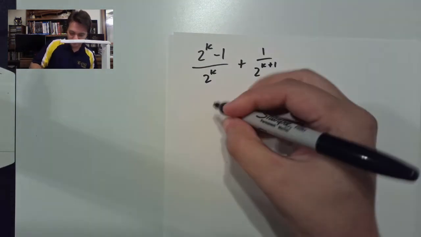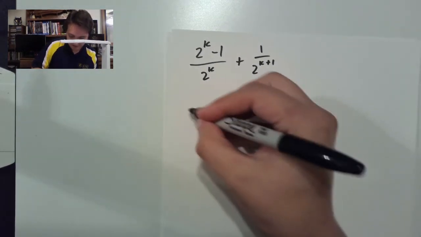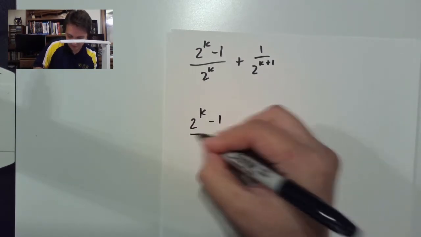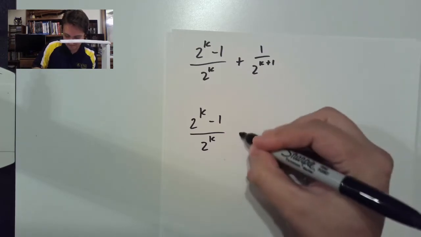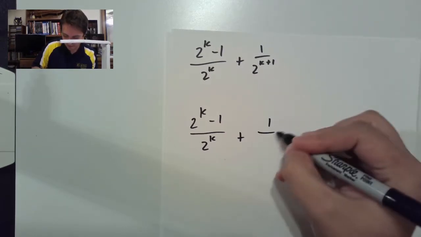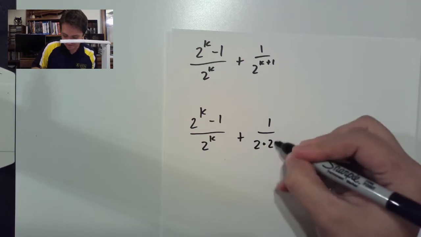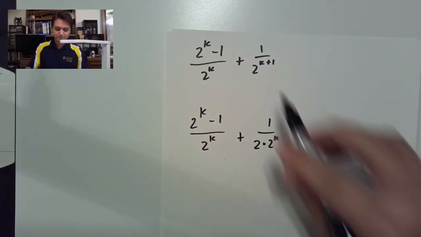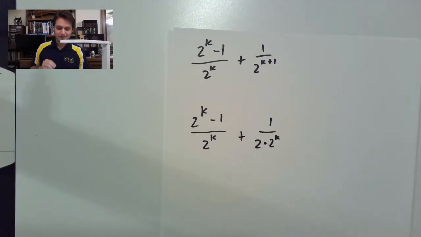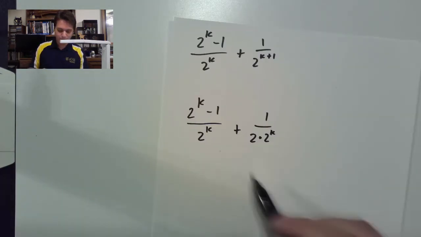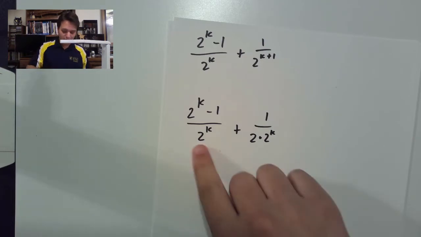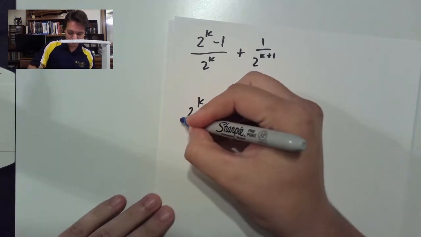We got (2^k - 1)/2^k + 1/(2 times 2^k). See what we did there? I just pulled out that exponent to show that extra 2 out in front. And now it's really clear that these have almost the exact same denominator. All we're missing over here on this side is a 2.